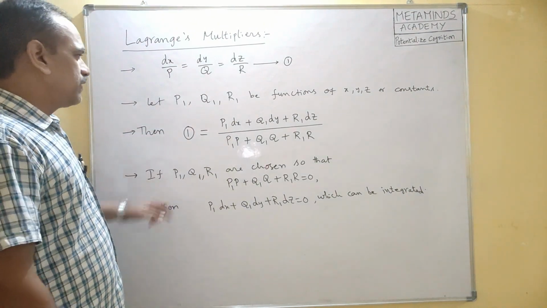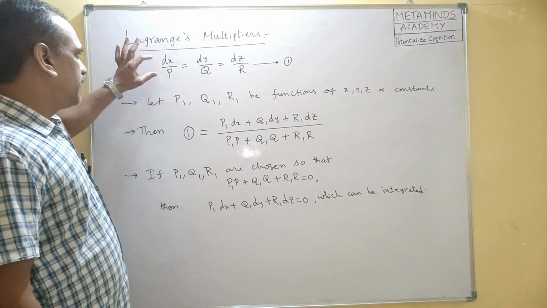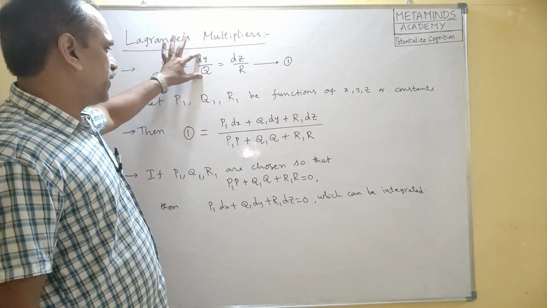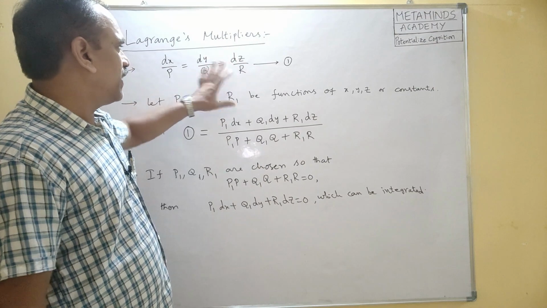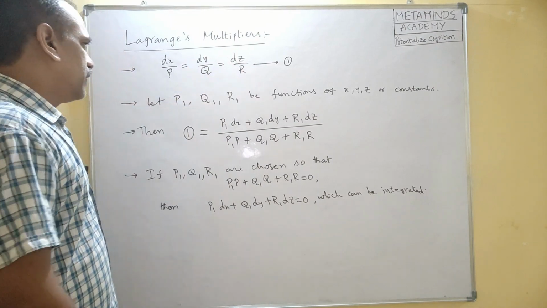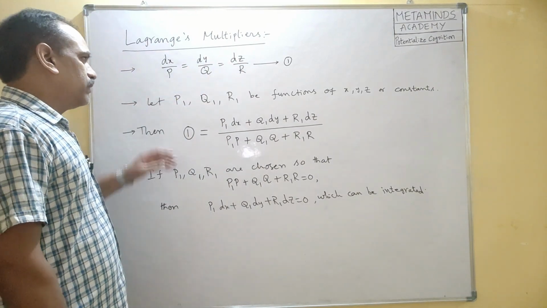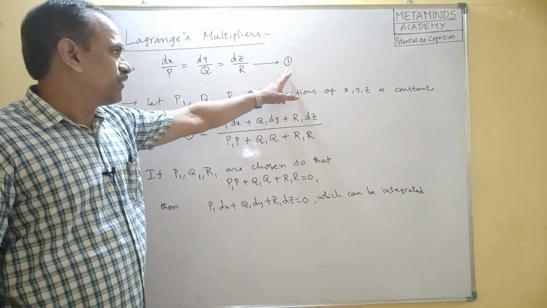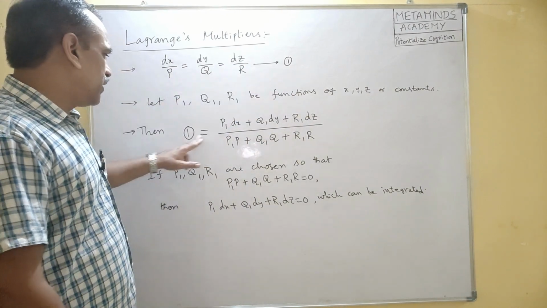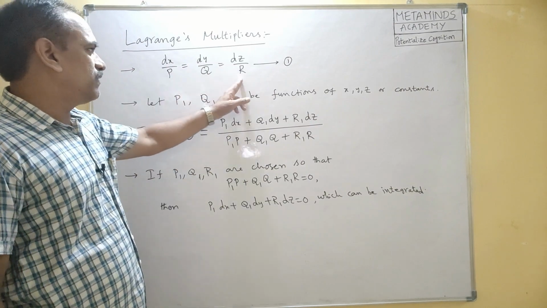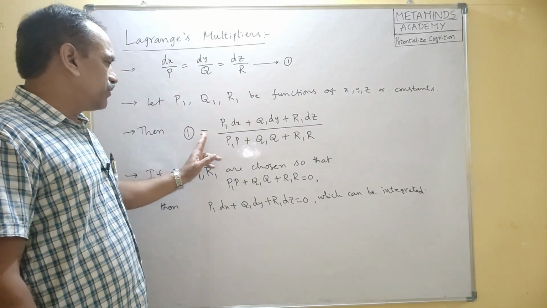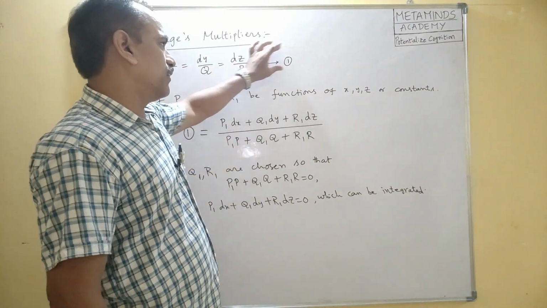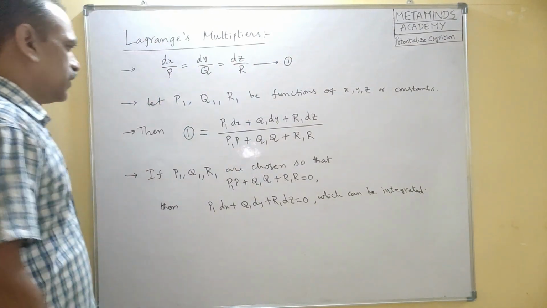So you multiply the numerator and denominator by p1, multiply this by q1, multiply this by r1, and then add. By componendo and dividendo, this ratio must be equal to this ratio.